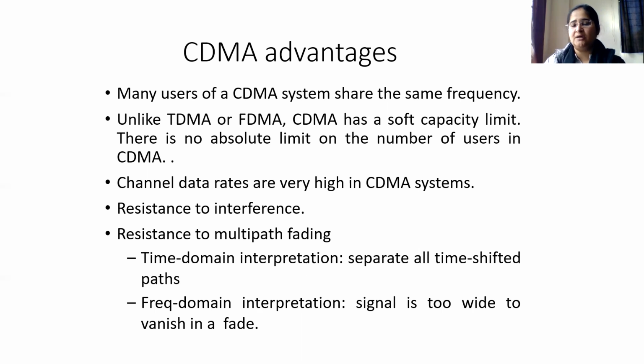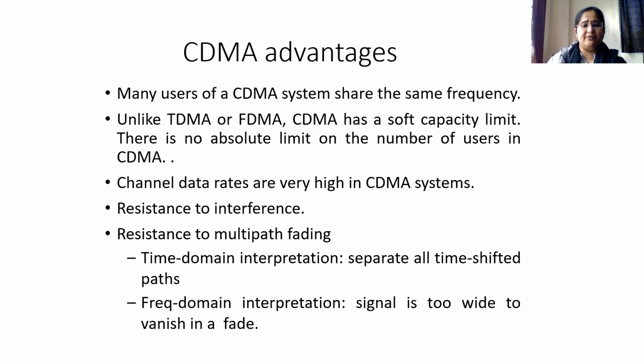Different from that, CDMA does not have this limit. Any number of users can be accommodated in the same frequency band and send their signals simultaneously, and each user has a different code word. At the receiver side, we receive the signal and demodulate it according to its code word.